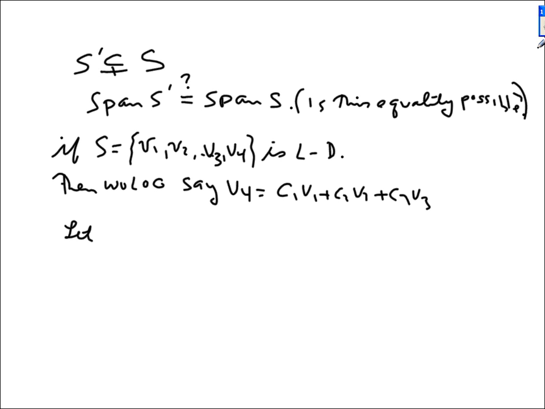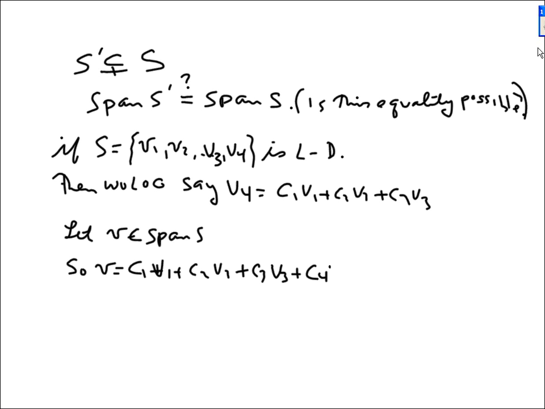Let V be in the span of S. So V is a multiple of V1 plus a multiple of V2 plus a multiple of V3 plus a multiple of V4. I was debating which subscripts to use for the C's.